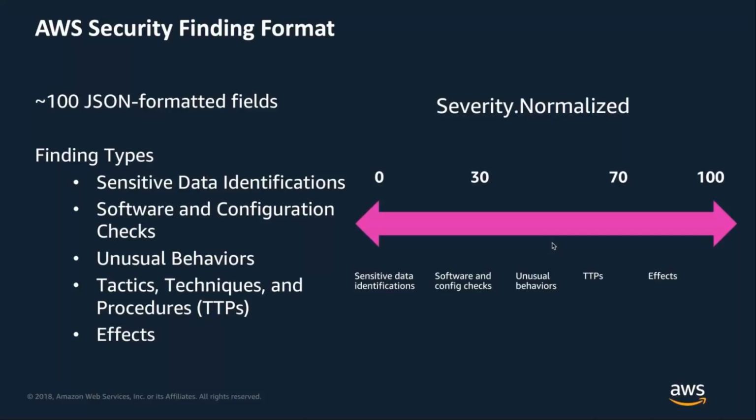They are things that could pose a problem in the future if exploited by an adversary, but they haven't happened yet. Whereas things on the right-hand side, like data exfiltration, data exposure, data destruction, are things that have happened and that represent much higher severity.